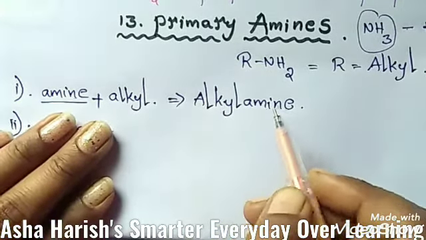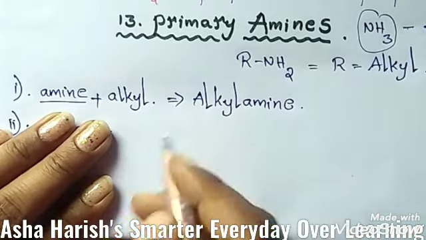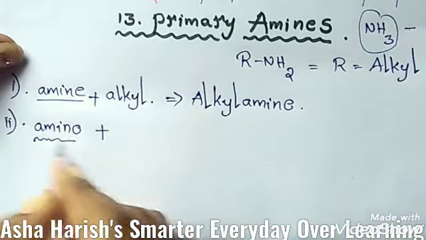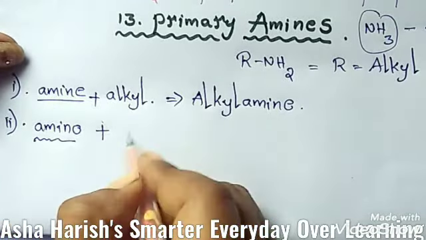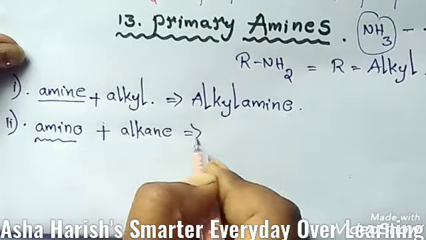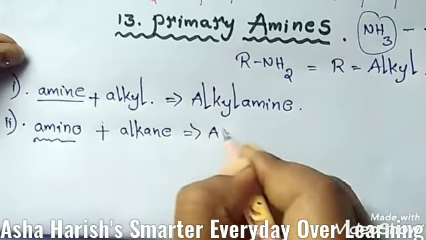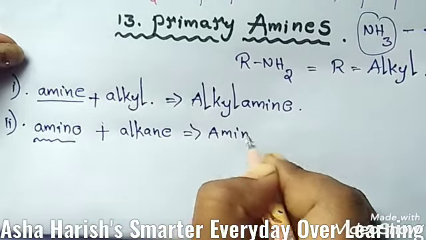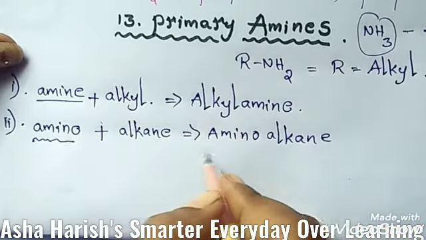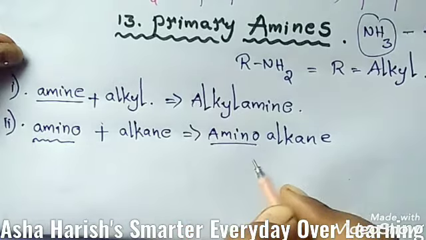Okay, and second, attach the prefix of amino to the name of the corresponding alkane. Then you should get the word aminoalkane. So amino is the prefix here.